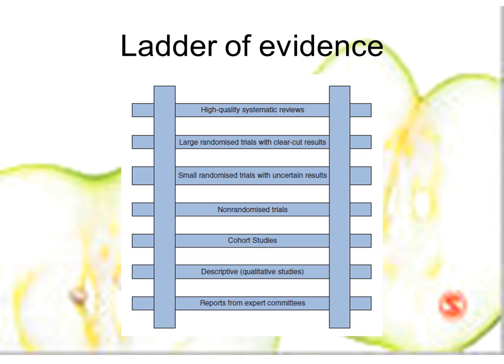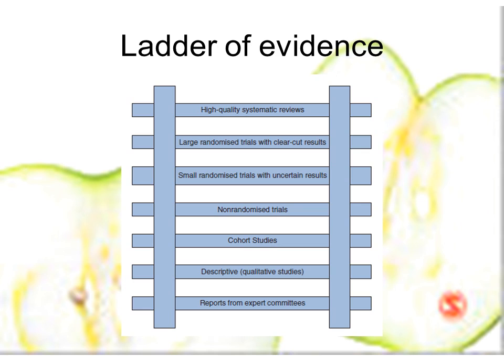Then we already have talked about cohort studies, meaning individuals that have started the study at the very beginning and ended together. Then you can have trials on those cohort studies that are non-randomized. Then, based on that information, you can conduct a small randomized trial with uncertain results.